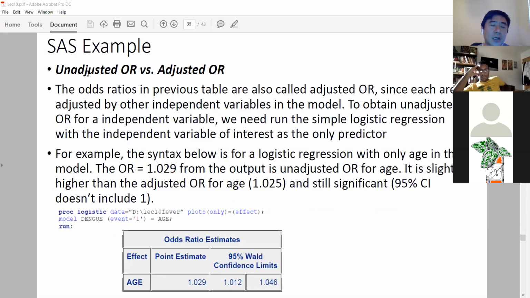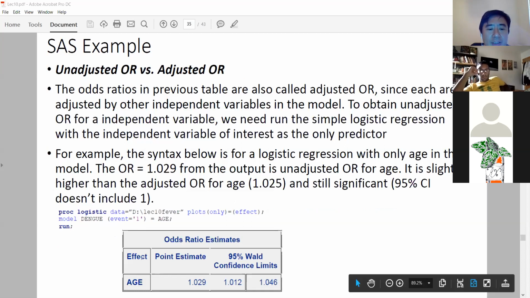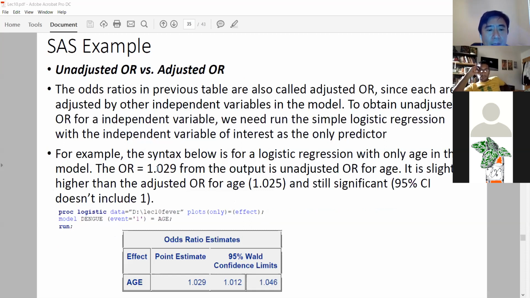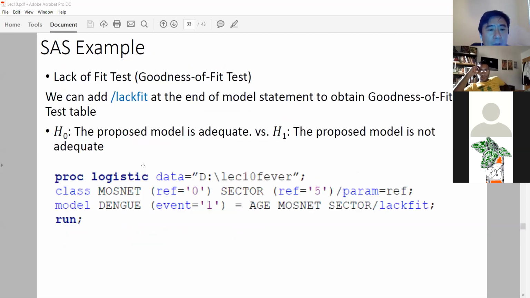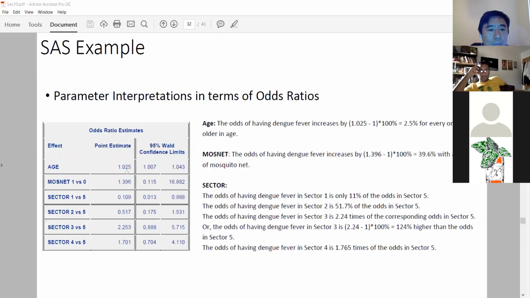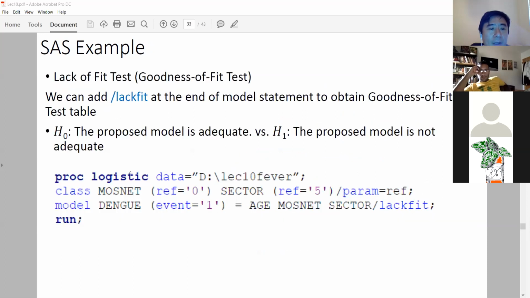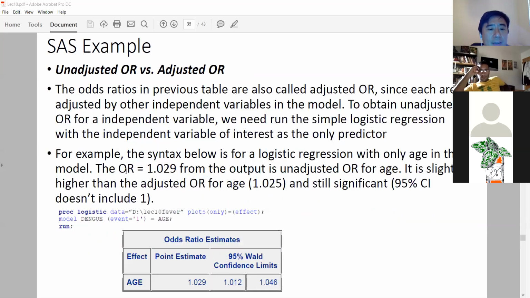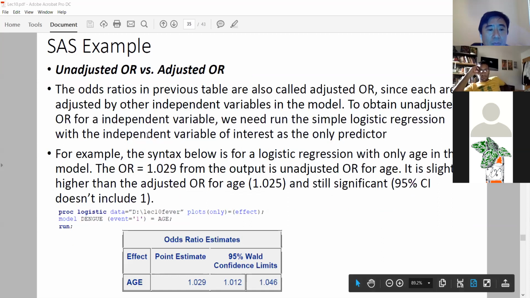You need to know the crude odds ratio and the adjusted odds ratio. The adjusted odds ratio is just the odds ratio in the model after you're adjusting for potential confounders. So in this example, in the multiple regression, the odds ratio we got is 1.0225. And the crude odds ratio is the odds ratio in the simple logistic regression model, which is 1.029.